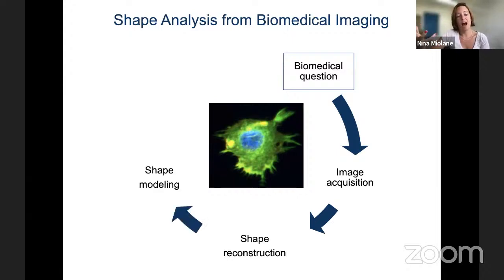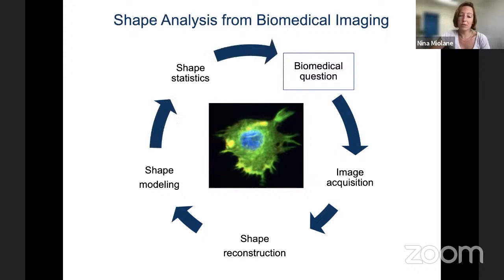Then there is the question of how we model the shape in a computer from a mathematical perspective, a computational perspective too, and how we do statistics to be able to finally answer our biomedical question.